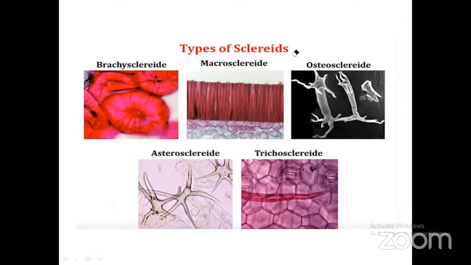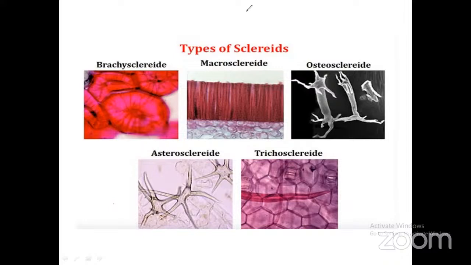Actually, the fibers are the second category of sclerenchyma cells in plants. Unlike sclerides, the fibers are much elongated cells with pointed ends.